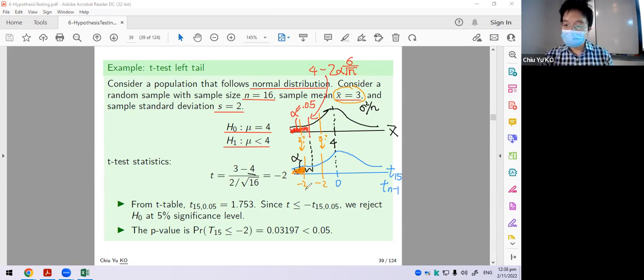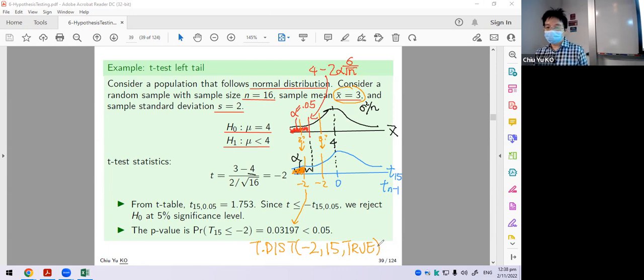So what's the p-value here? How can you calculate this? It's just simply the t distribution at -2, true. Oh, sorry, you have to forget the 15. 15, true. So look at t of -2, and I have n-1. 15 is n-1.